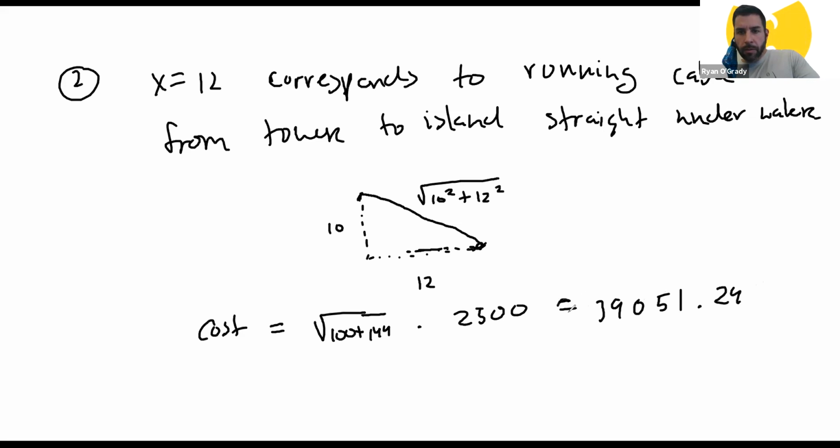So it's approximately $39,051.25. So clearly this is cheaper than going all the way down and then up. Now the question is, is this the cheapest? Well, we've only calculated the cost of two scenarios. We haven't calculated the cost of what if I go down, land a little bit, and then up.